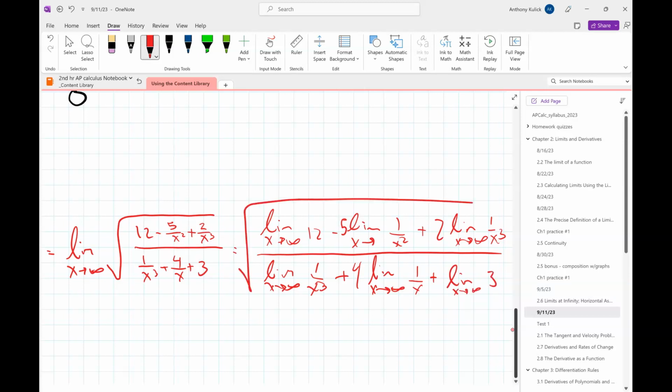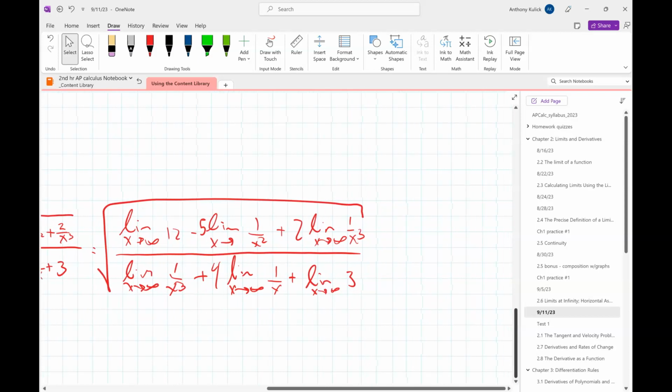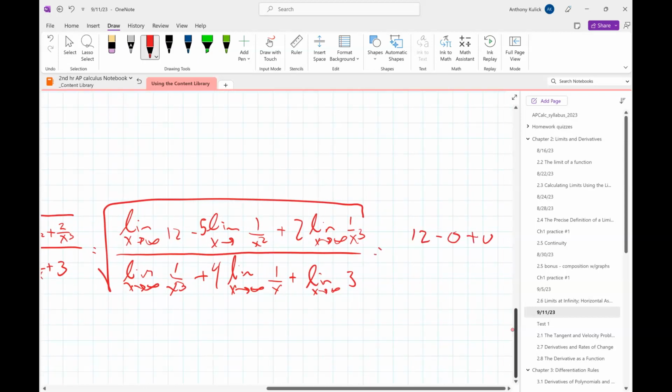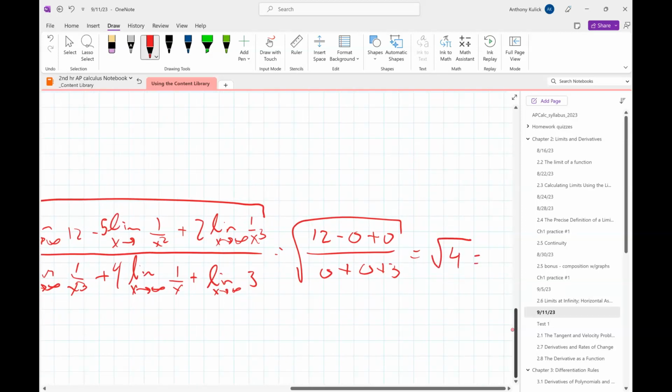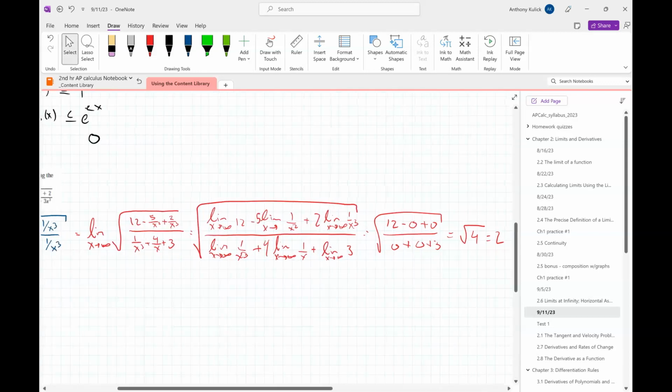And then I'll draw my big radical still living there. Then if I apply my limit laws, the limit of a constant is itself, and the limit of 1 over x to the n is 0. And I don't know if that's enough.